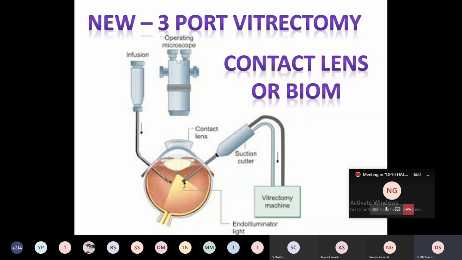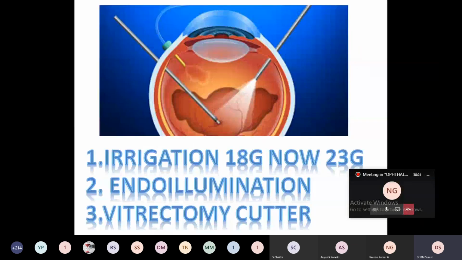So here we are doing 3-port vitrectomy. We are not using a single instrument like whisk apparatus, which we used earlier. In the diagrammatic representation, for irrigation, aspiration and cutting, and endoillumination, you have 3 ports.